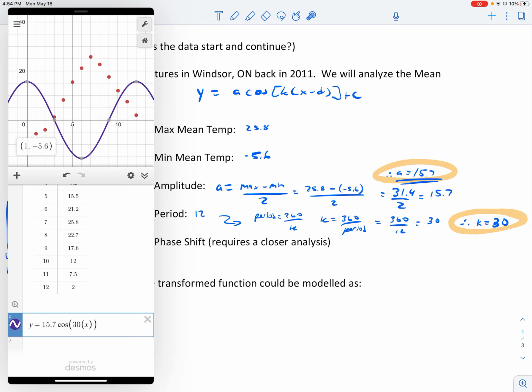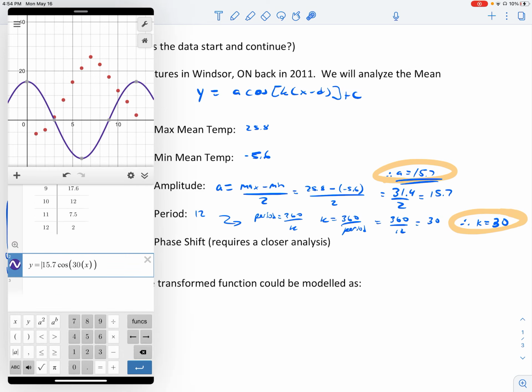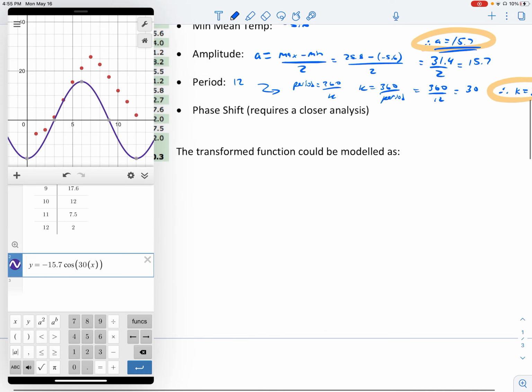So if I reflect this curve that I have here, I put a negative in front of the 15, that'll flip the curve. That already does a pretty good job of fitting the data. Okay, so I'm just going to add that in here. I'm going to say reflect cos to fit the data.